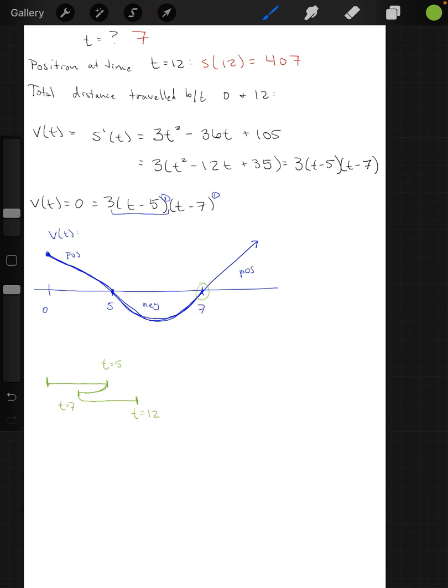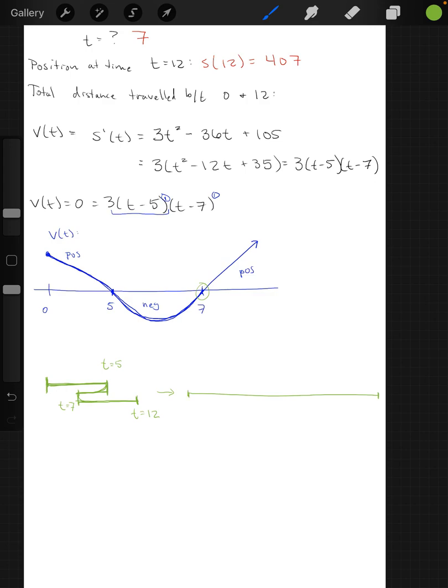So what we really need to do to get the total distance traveled is figure out how long was it going forward, how long was it going backwards, and how long was it going forwards again. So what we want to do is take this line and straighten it out before we measure it.